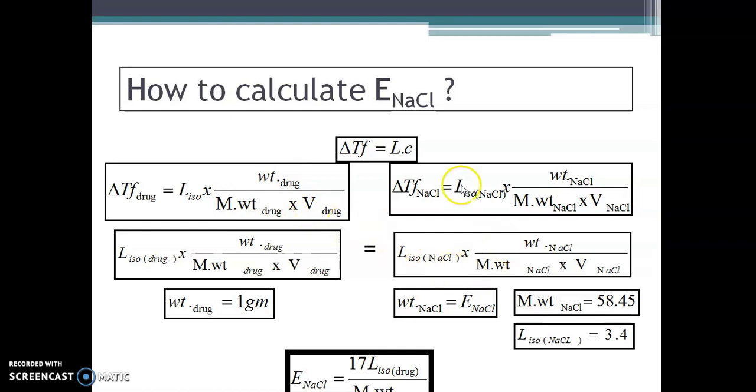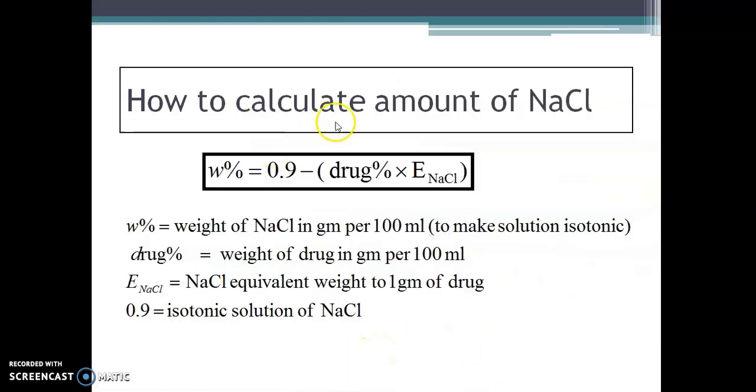Finally we have to calculate the equation, that is, the equivalent of sodium chloride equals 17 L iso of the drug divided by the molecular weight of the drug. So this is the final equation to calculate the sodium chloride equivalent factor.